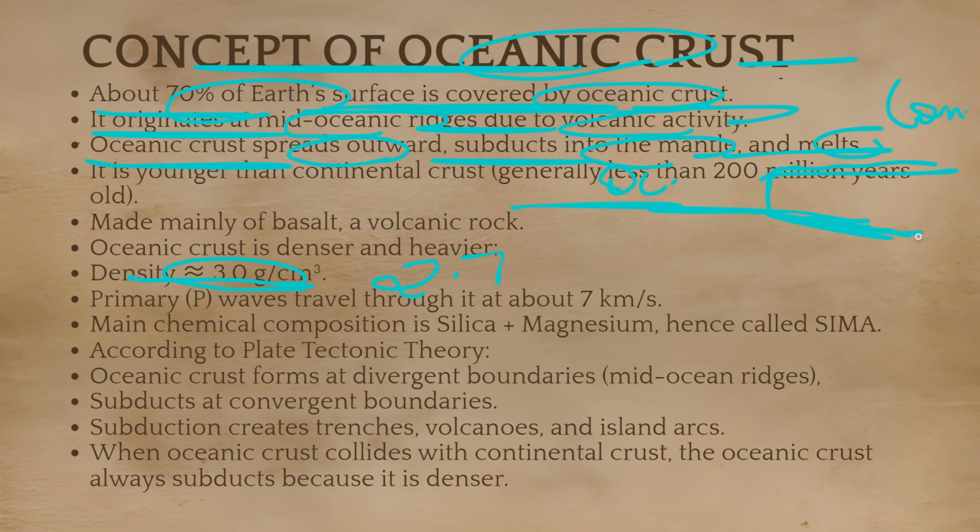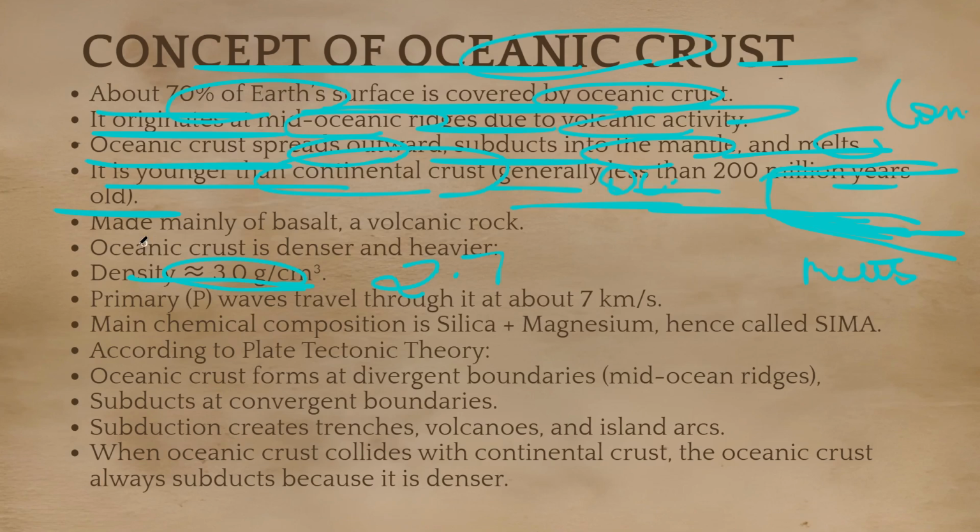Then it goes down, subducts, and then melts. It goes down into the Earth's interior, and there it melts because the Earth's interior has high temperature. So it is younger than continental crust, generally less than 200 million years old. So less than 200 million years, they call it younger.